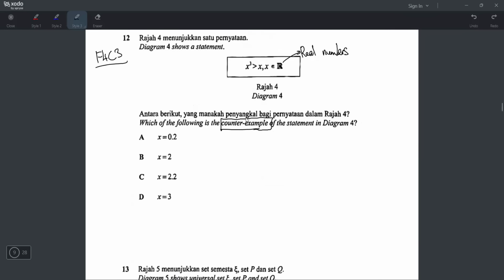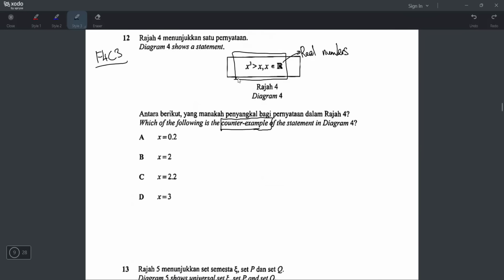Okay, counter example means the example that contradicts this statement. So let me explain one more time. Counter example is what? The example that contradicts this statement. Okay, let me explain in BM. It means you have to ambil satu example sini yang membuatkan ini jadi salah.